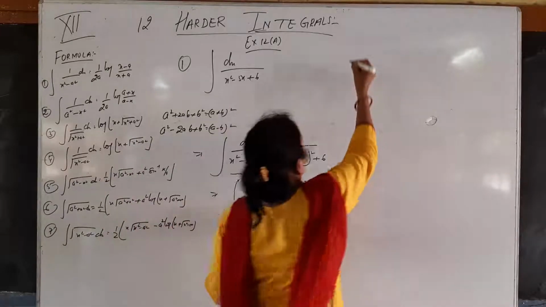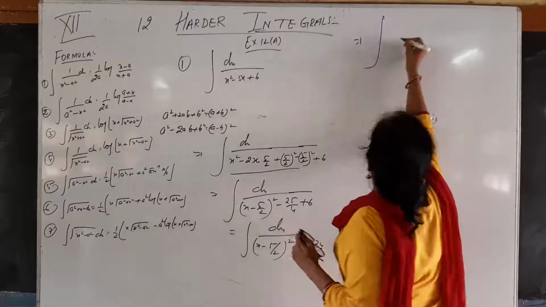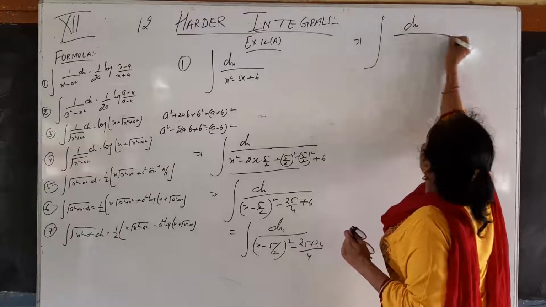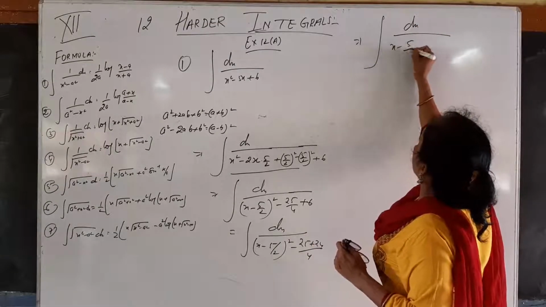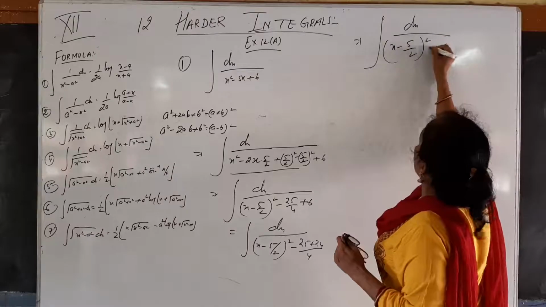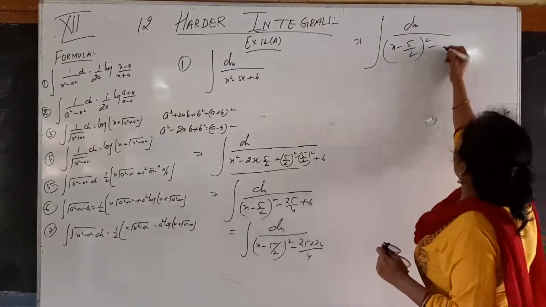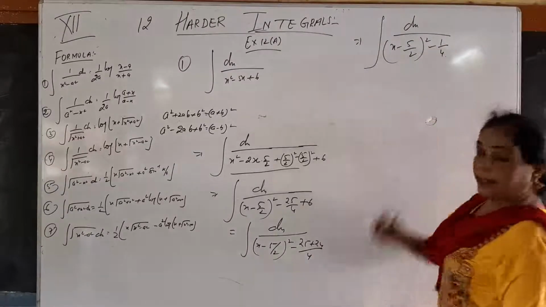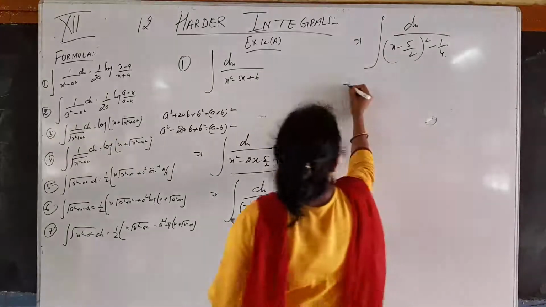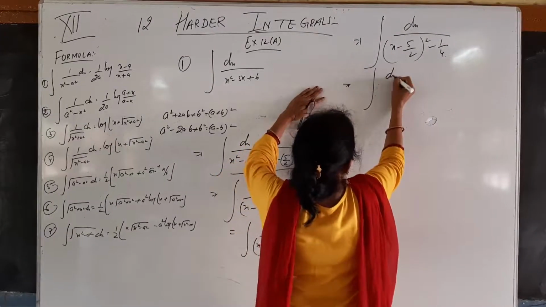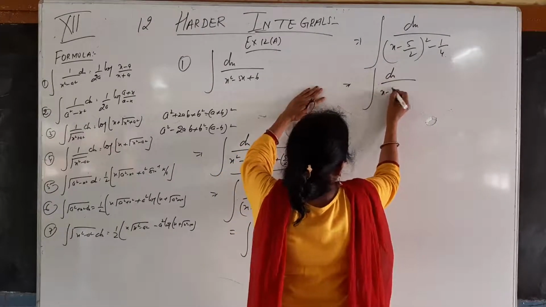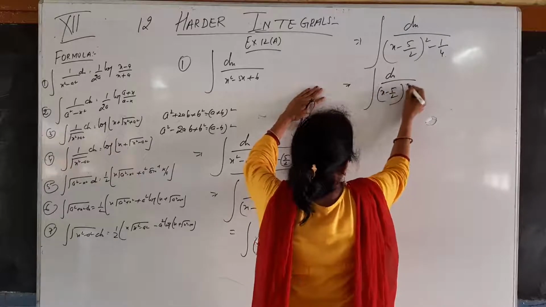So we will get integral dx upon x minus 5 by 2 whole square minus 1 by 4, that is dx upon x minus 5 by 2 whole square minus 1 by 2 whole square.